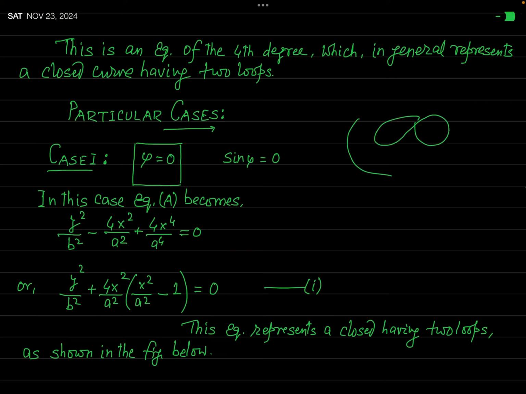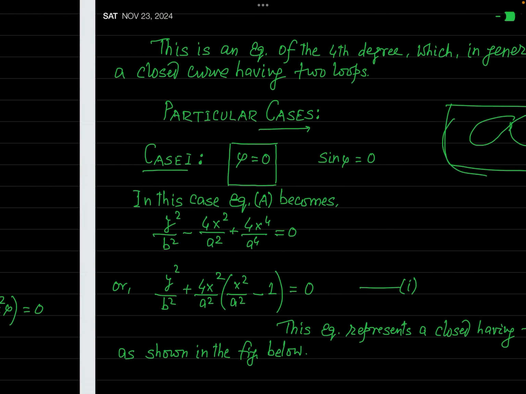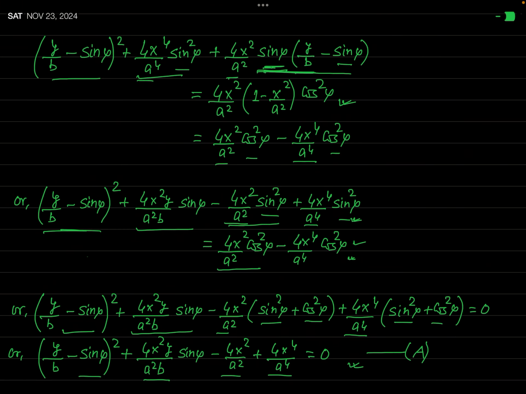This equation represents a closed curve and it has two loops. Okay. The actual nature of the path will be decided by the phase difference phi between the two SHMs.